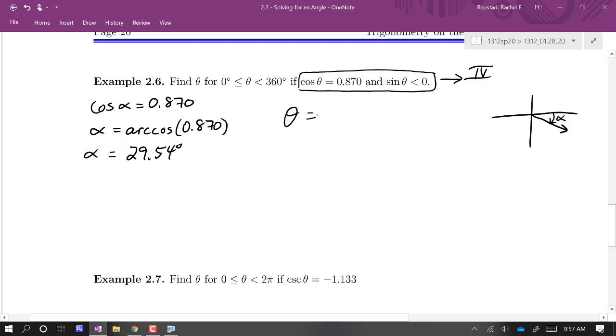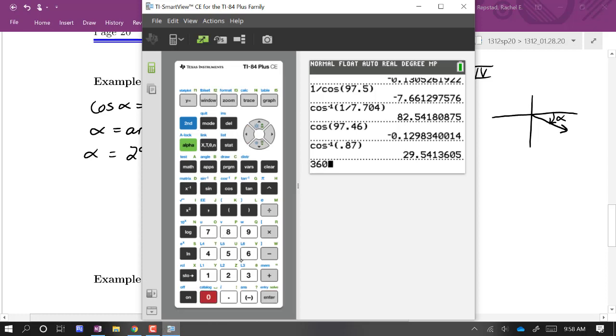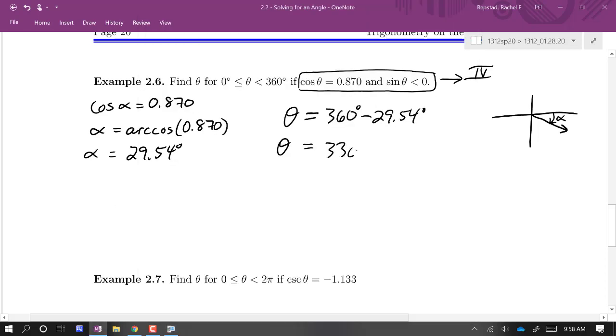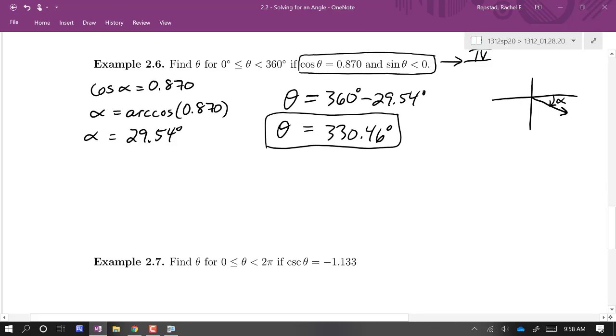How do we get theta? 360 minus 29.54. So we get 330.46. How's that? Good.